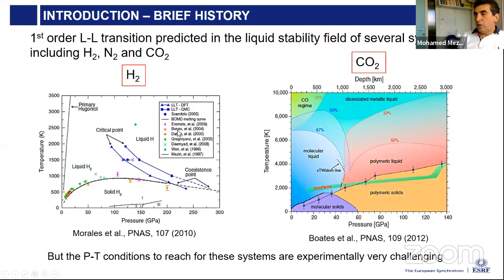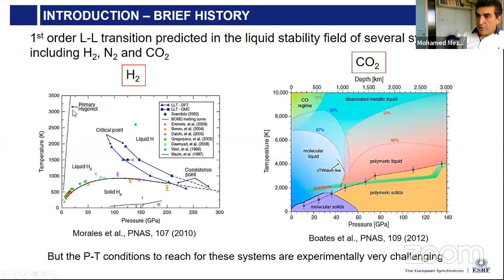Okay, and I would also say that there was a lot of activity on the theory side, where first order liquid-liquid transitions were predicted in the liquid stability field for several important systems, including hydrogen, nitrogen, and CO2. I don't need to convince you that those systems are extremely important.